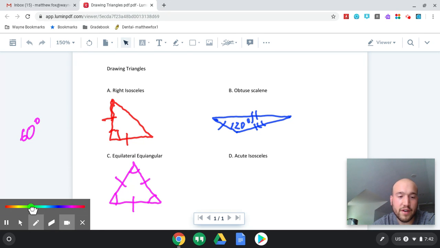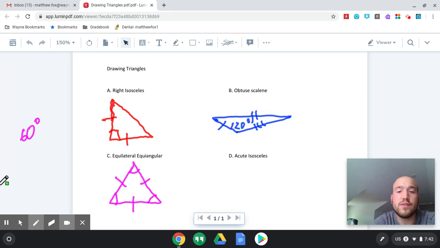The final one here, acute isosceles. If it's acute, that means each angle is less than 90. Isosceles means two of the sides are going to be the same. The two sides that are the same, right here and here, I put one mark for each of those, showing they are the same.